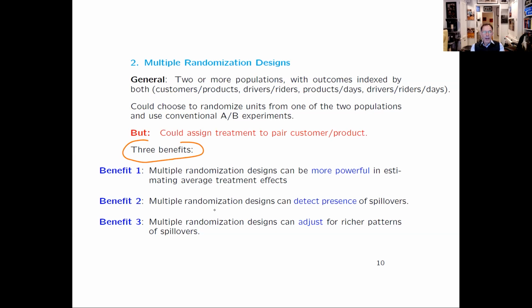One is that we can answer standard questions more efficiently if there is no interference, and so these designs can be more powerful for estimating standard objects. But also, if in fact there are spillovers, we can detect that using these designs, and we can adjust for some of those patterns of interference and spillovers.